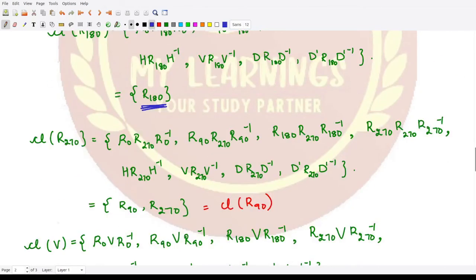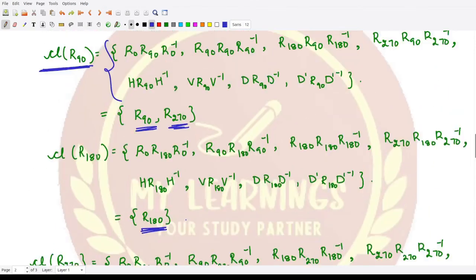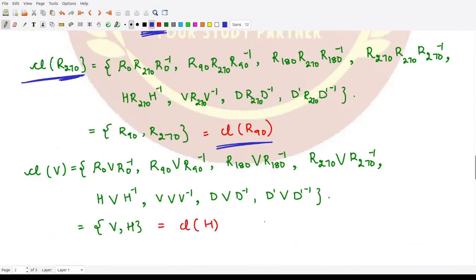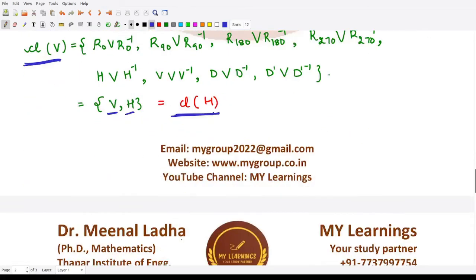Next, we can see the conjugacy class for R270. It is R90, R270. So you see, this is the same as that of R90. So this conjugacy class and this conjugacy class are equivalent, right? And the conjugacy class of V contains V and H, and it was the conjugacy class for H. So the conjugacy class of V and that of H are the same.